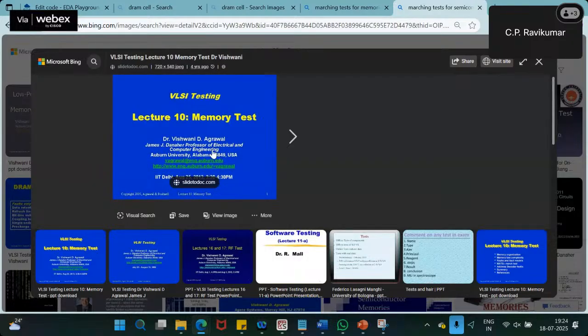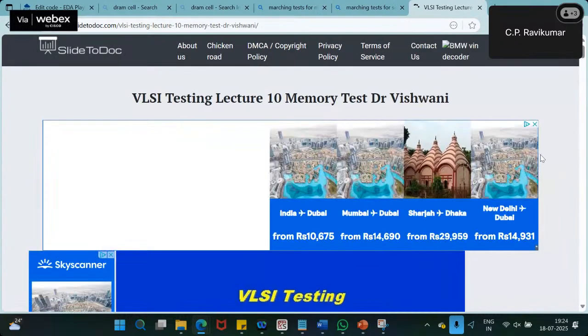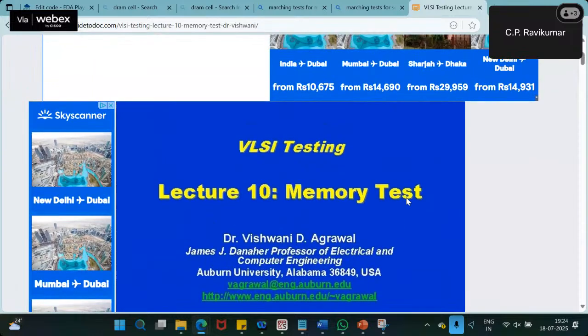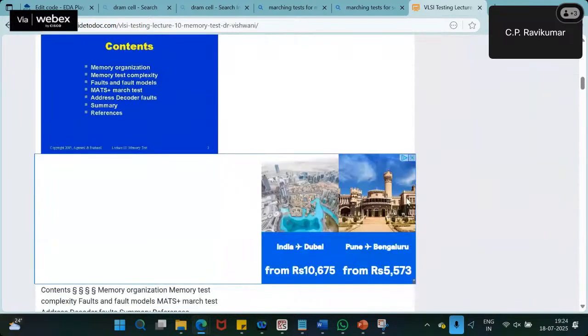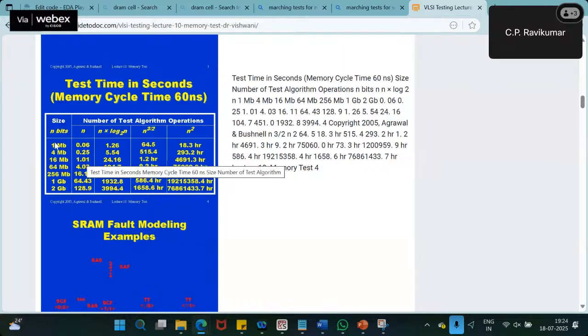We can maybe look at this one. These are slides that Professor Vishwani Agarwal has prepared for the book that he has authored. Here he also shows how the size of memories has increased. It has gone from megabits to even some gigabits of memory in some chips, right?